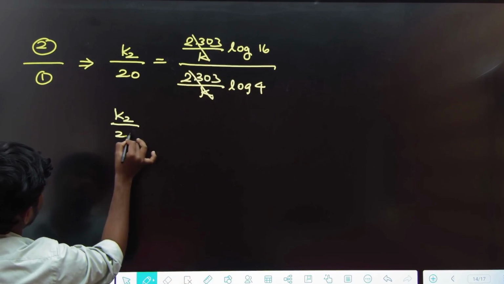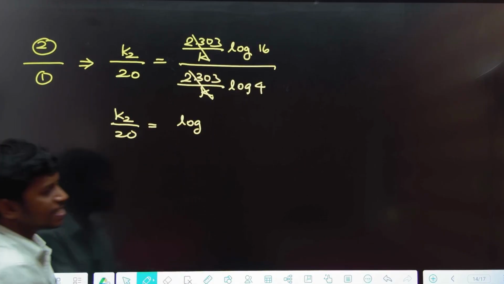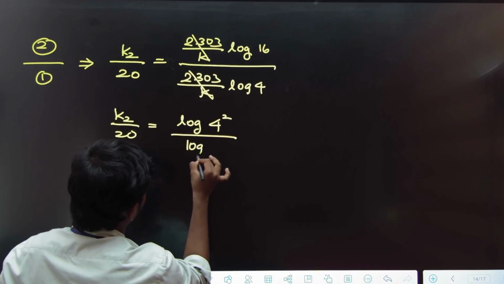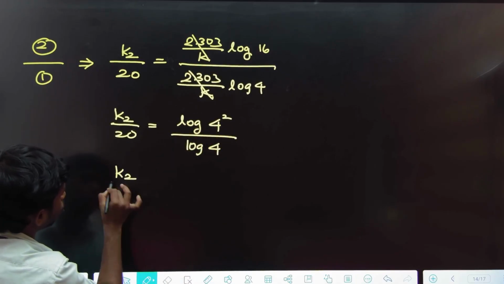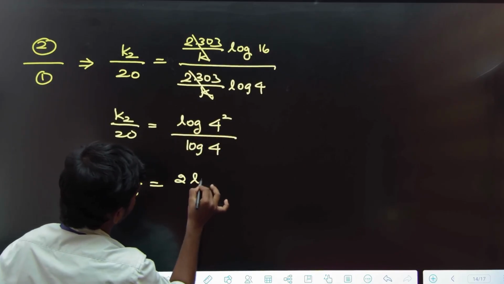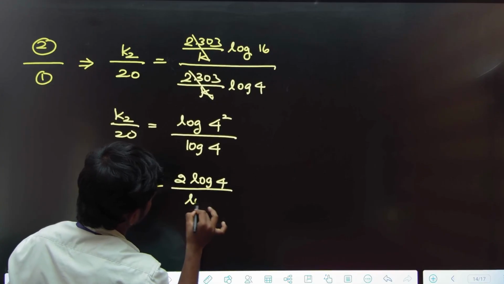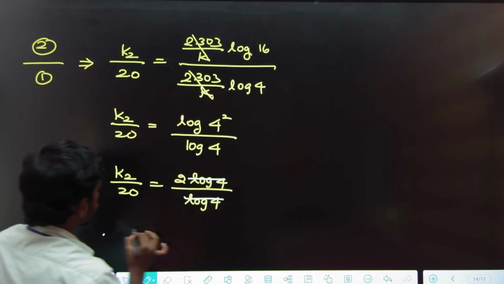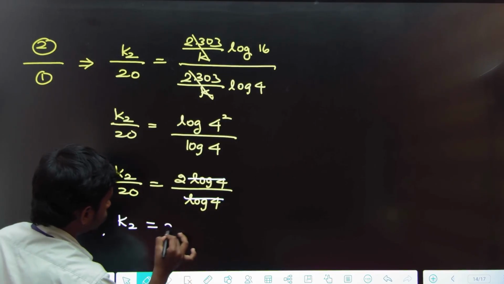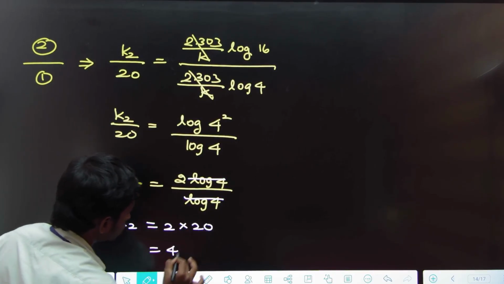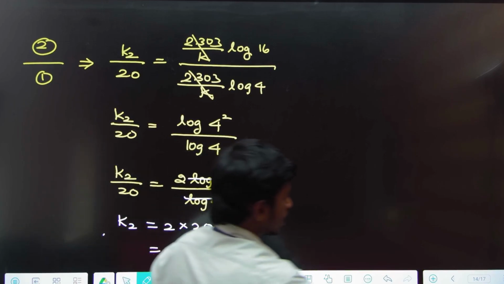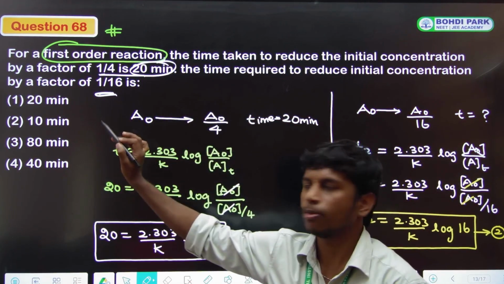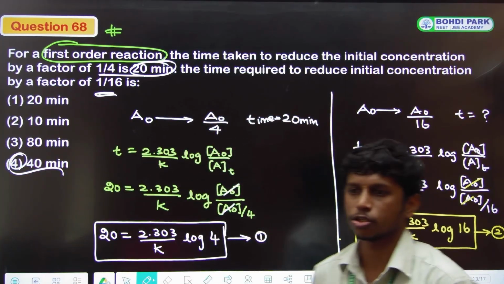Log of 16 can be written as log 4 square, so t2 divided by 20 is equal to 2 log 4 divided by log 4. Log 4 will cancel each other. So t2 is equal to 2 into 20, which means 40 is the correct answer. 20 minutes was given, so the 40 will also be in minutes. Option 4 will be the correct answer in this case.